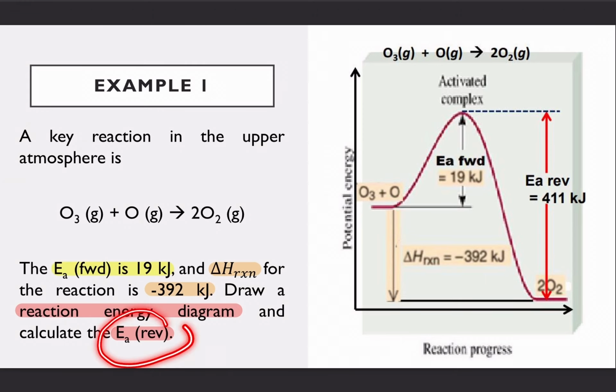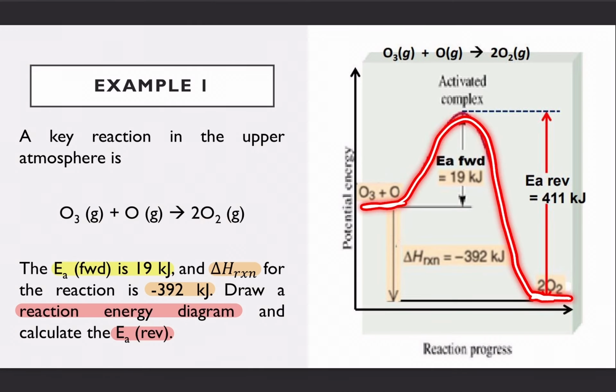And then they ask you to calculate the activation energy for reverse reaction. So for reverse reaction, maksudnya daripada oxygen gas molecule to these products. So maksudnya terbaliklah, dari sini pergi sini. Okay, so what is the minimum energy required?